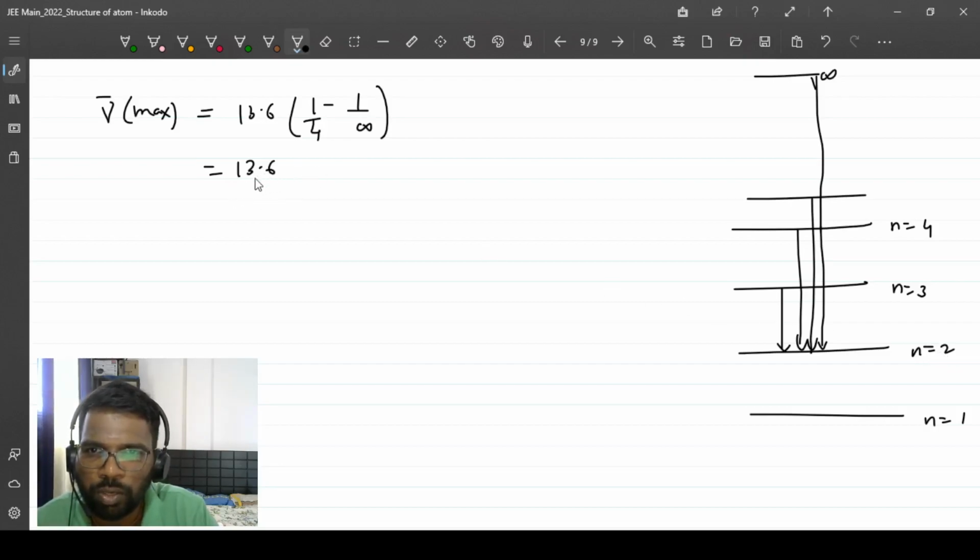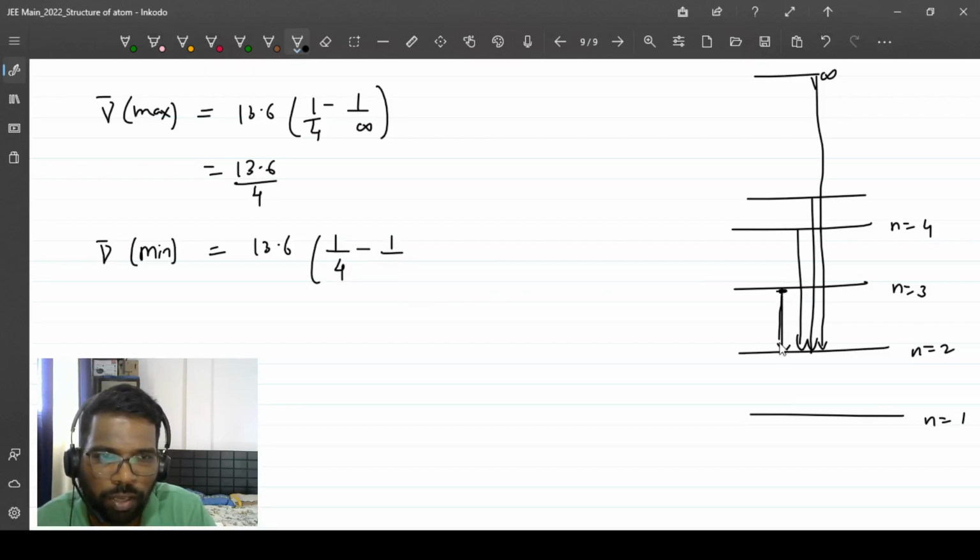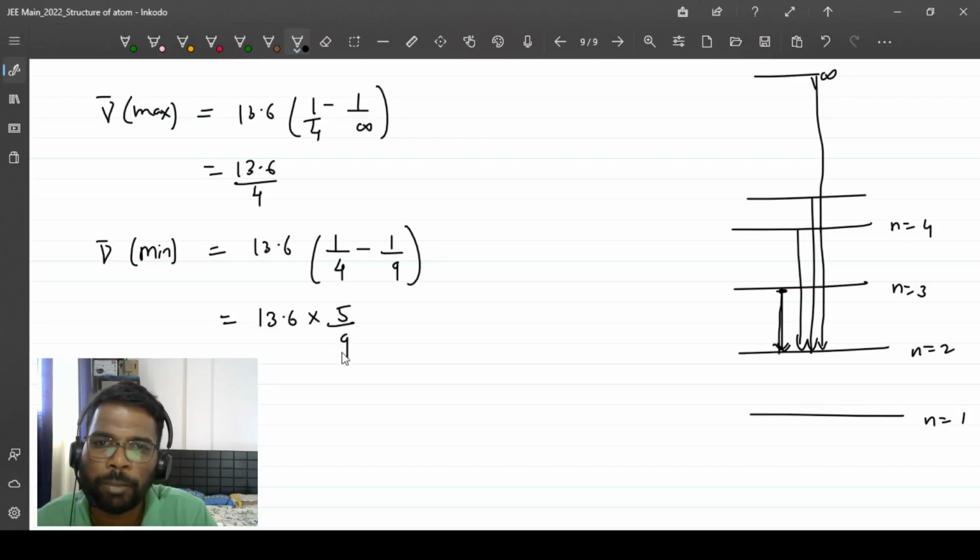And nu bar minimum for this will be 13.6 into 1 by 4 minus 1 by 9. This is the minimum line of the Balmer. So this will be 13.6 into 5 by 36.